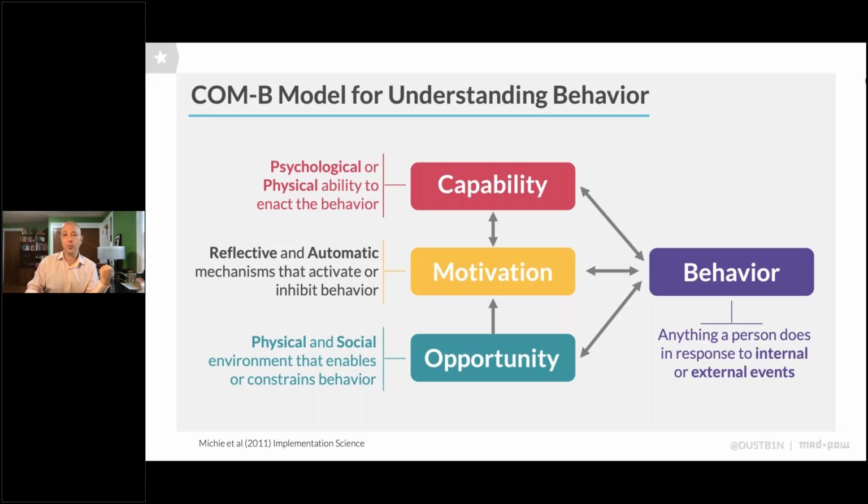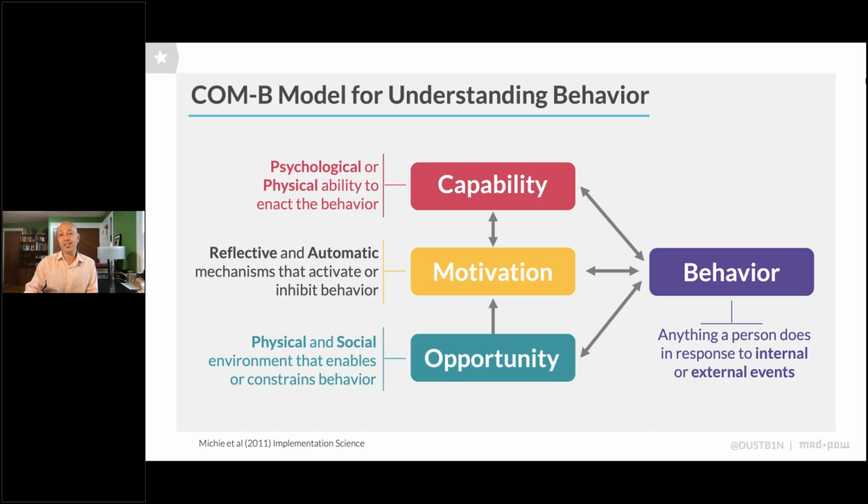Some jargon here: we think about reflective motivation, which are the things that people can think about, like our values, our goals, our intentions, our beliefs, as well as automatic mechanisms, things that are a bit underneath the conscious layer: emotional reactions, impulses, inhibitions, habits, implicit attitudes and bias. So both reflective and automatic motivation.